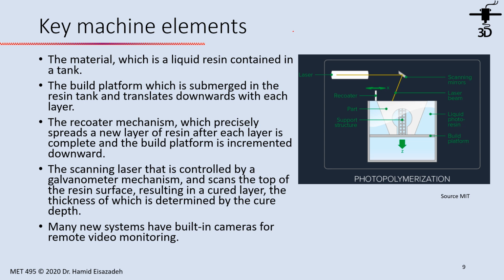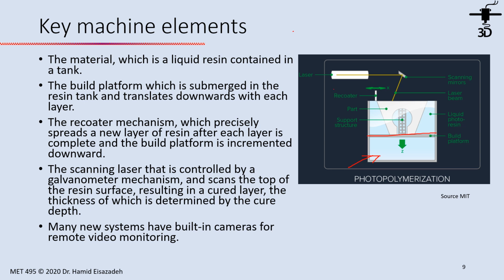Let's look at some of the key machine elements in the SLA process. First, we have material. The material is a liquid resin, and it is supplied in a tank, as you see in this schematic. The blue region means liquid resin, and then we have a build platform, which is submerged in the resin tank and moves downward.